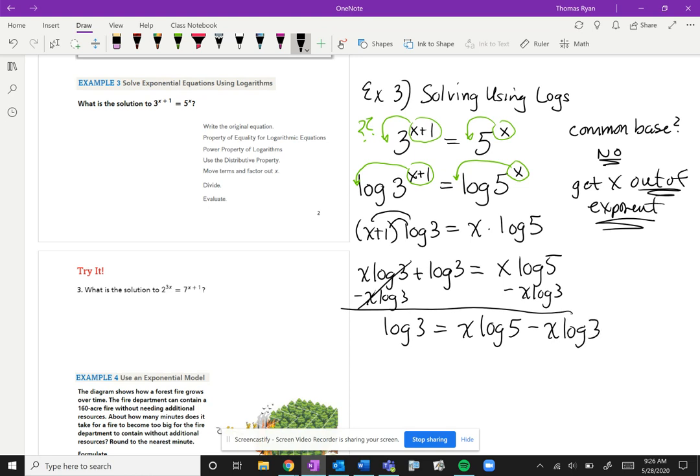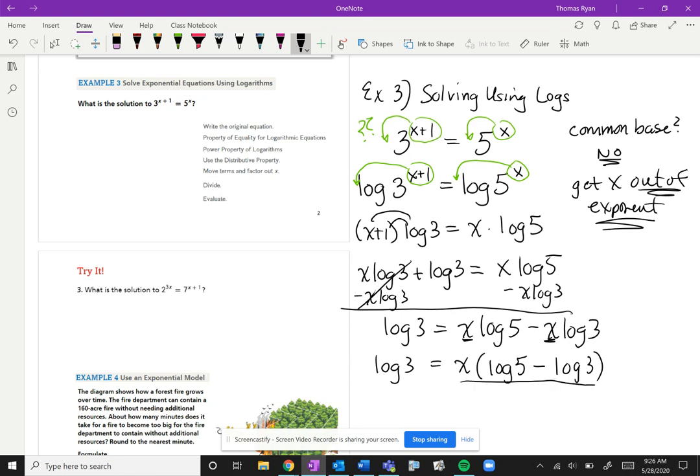What you should notice is that you have two terms, and they both have an x. So we'd really like to factor out that x. If we factor out an x, we're left with log 5 minus log 3. So now our x is isolated.